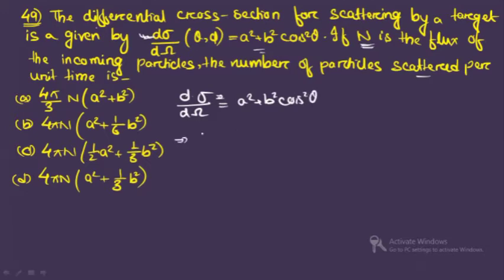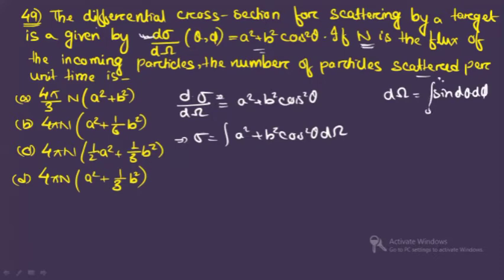So from here you can write sigma is equal to the integration of a square plus b square cos square theta d omega. Clear? And d omega can be written as sine theta d theta d phi, with integration 0 to 2 pi and 0 to pi. This is what we can write.